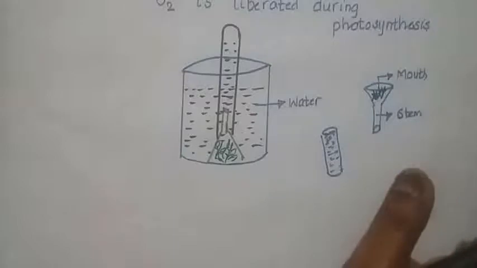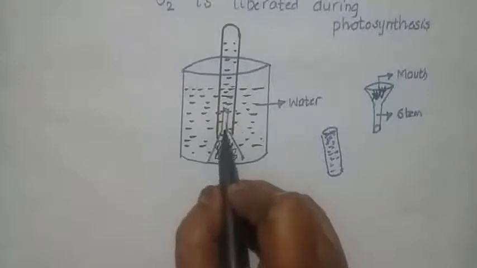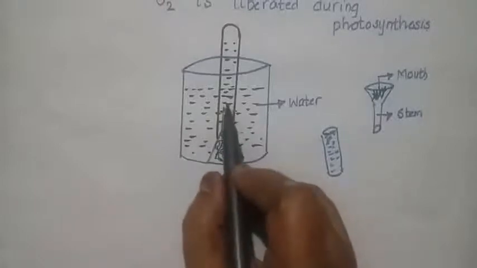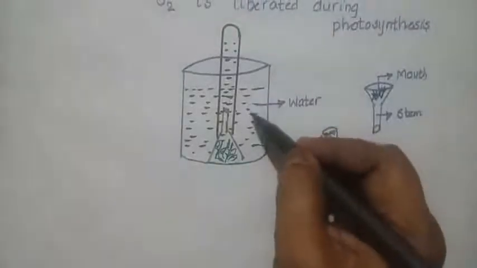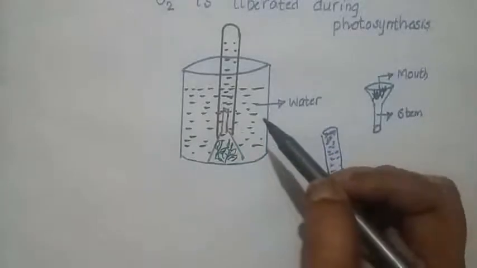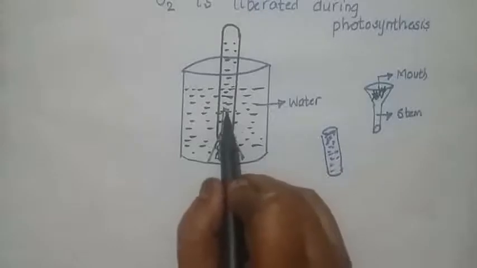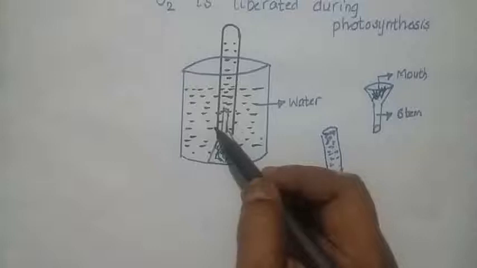It has to be filled with the water, and then invert it on the stem of the funnel. And you have to take a precaution that the stem of the funnel should be below the level of water in the beaker. Okay, even when you draw the diagram, you have to be very careful. The stem of the funnel should be below the level of water in the beaker.